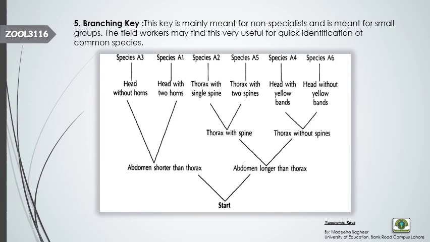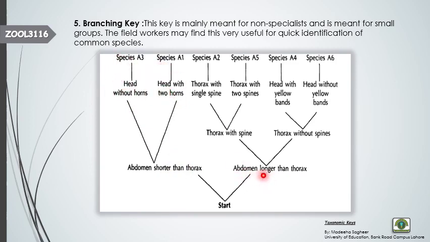How can we read this key? It's again very easy. Start from here, right? With the specimen in hand, you first look at the abdomen size. Abdomen shorter than thorax, abdomen longer than thorax. If the abdomen is shorter than the thorax, then you will be given these two choices and ultimately the species.